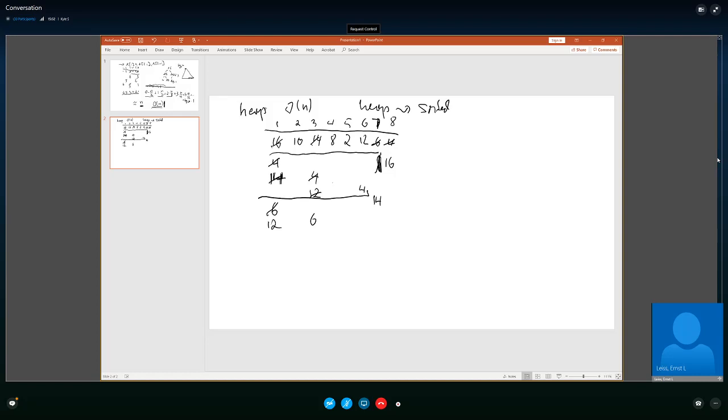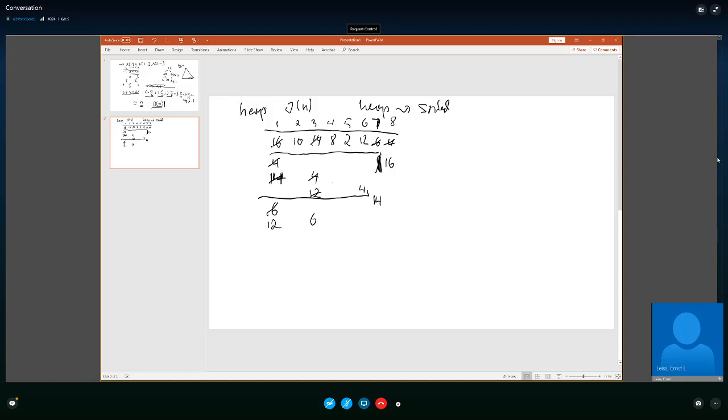Then we have 3 is 6, and that's the only one that we have to deal with, because 7 is already out of commission, because the heap that we're looking at is only 1 through 6, and 6, which is in position 3, dominates 4, which is in position 6, and therefore this is fine. So we now have the heap 12, 10, 6, 8, 2, 4.